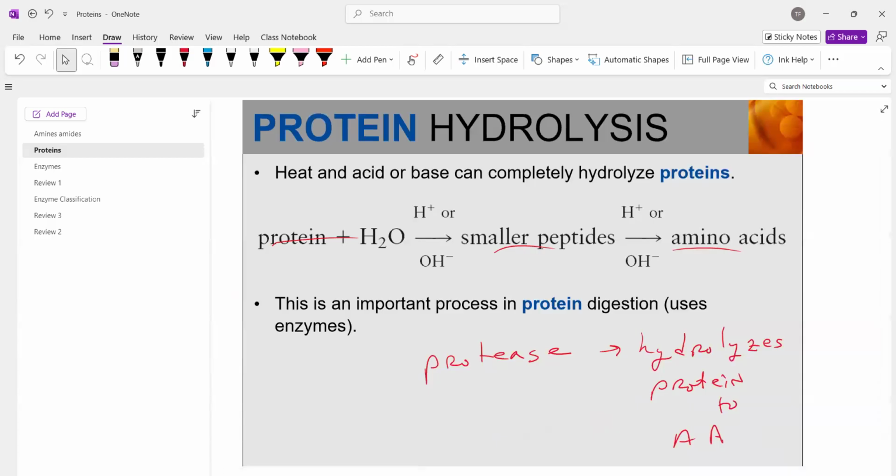Because we have an amide in a protein, they are susceptible to acidic and alkaline conditions, which will break them up into smaller peptides and eventually into amino acids. So if you're familiar with ceviche, this is what ceviche does.